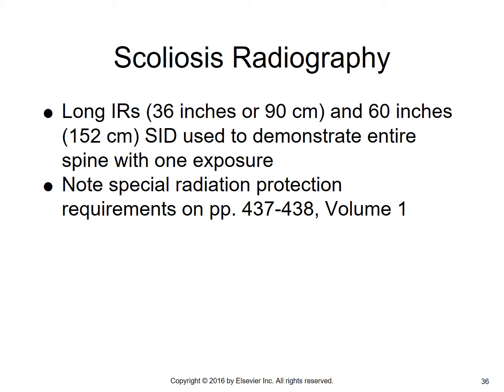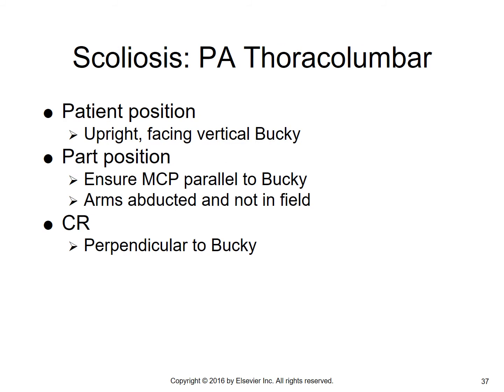There are some special radiation protection requirements that are listed in your book. This would include protecting the gonadal region and also the breast tissue for the female. For the series itself, for the PA thoracolumbar region, the patient is upright and faces the vertical bucky.